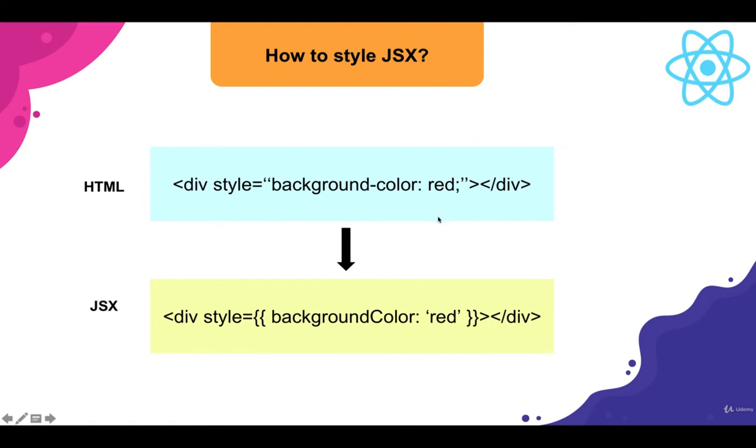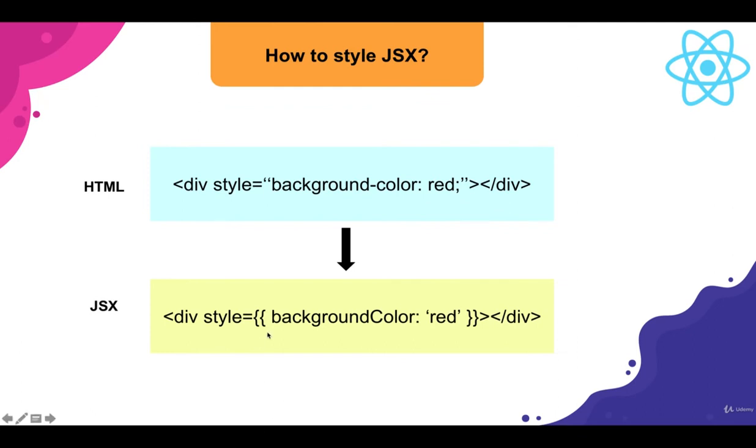Okay, so in this example, we've got a div with an inline style of background color red. In order to apply that to JSX elements, we're going to change the syntax just a little bit. We're still going to say style equals, but after that, we're going to place two curly braces in a row. The outer curly brace indicates that we want to reference a JavaScript variable inside of our JSX.